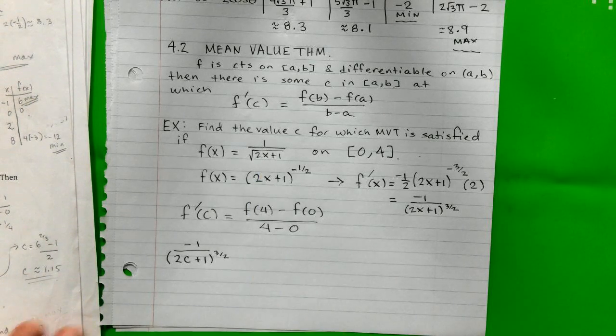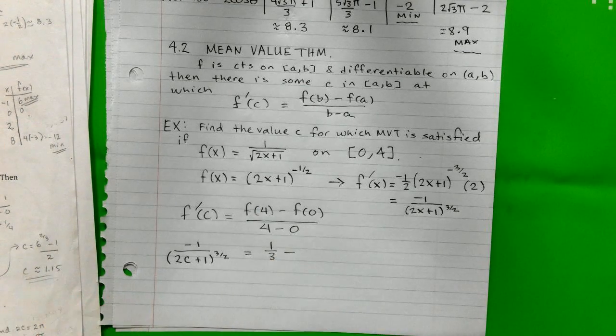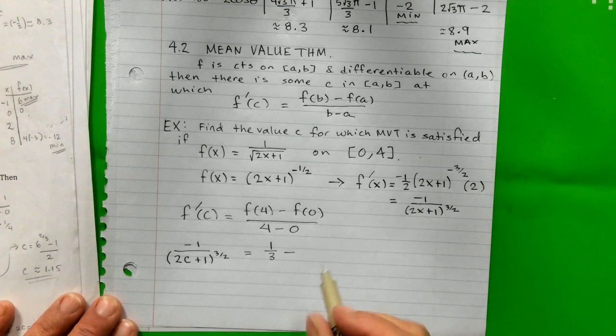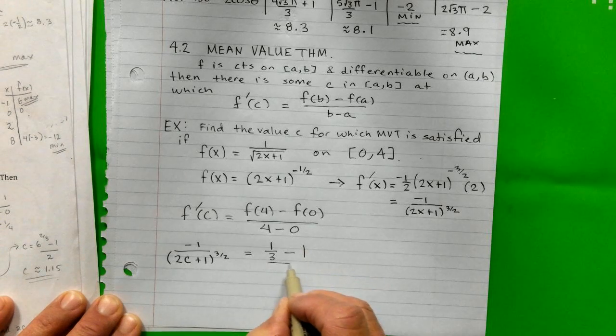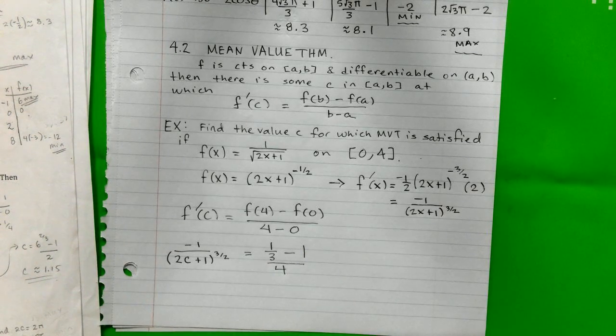So I get 1/3 as my f of 4. F of 0 has a 0 right here. 2 times 0 plus 1 is 1. Square root of 1 is 1. 1 over 1 is 1. 4 minus 0 is 4.